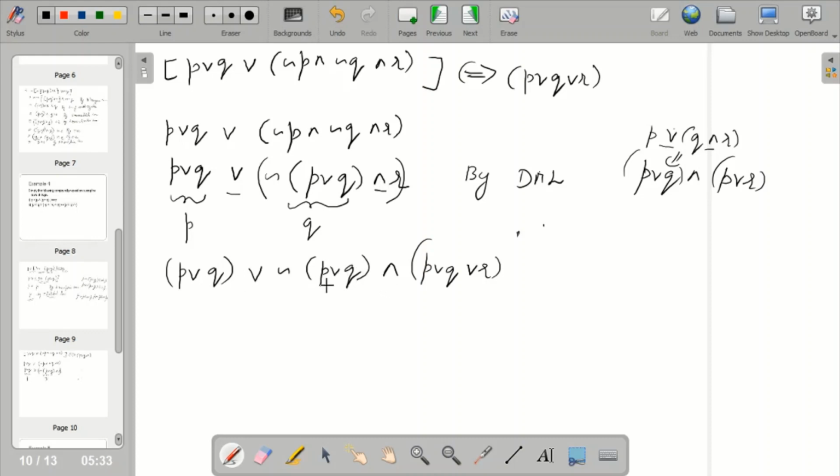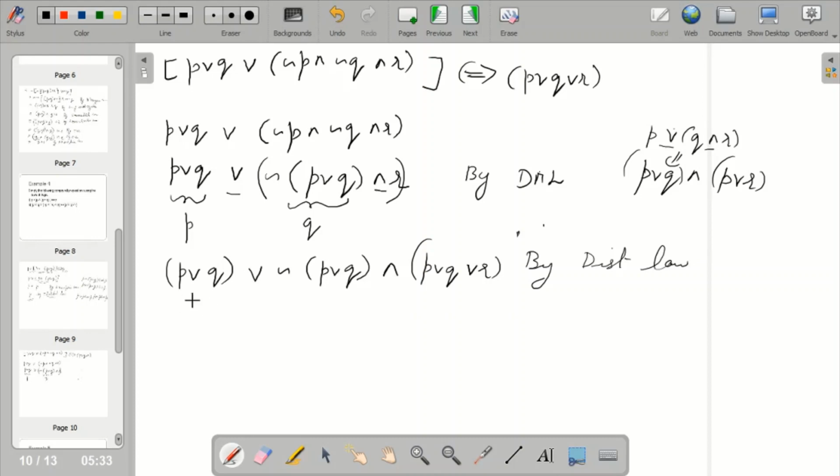So when it comes to P or, that is again by which law? By distributive law. Write it as it is, by distributive law. So this law we applied over here.